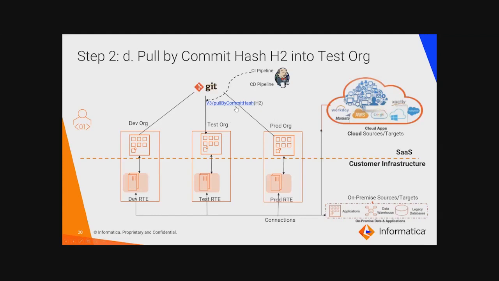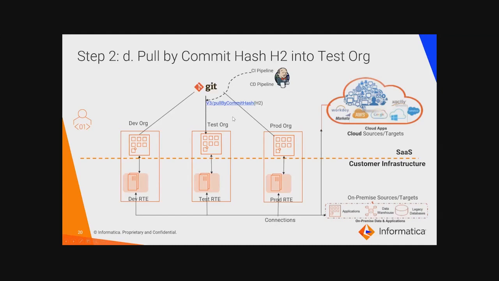This API will help us get the code imported into the IICS org, because we have completed the Git repository side migration first. Once this Git pull by commit hash is completed, we will be able to see the code showing up in the test org.